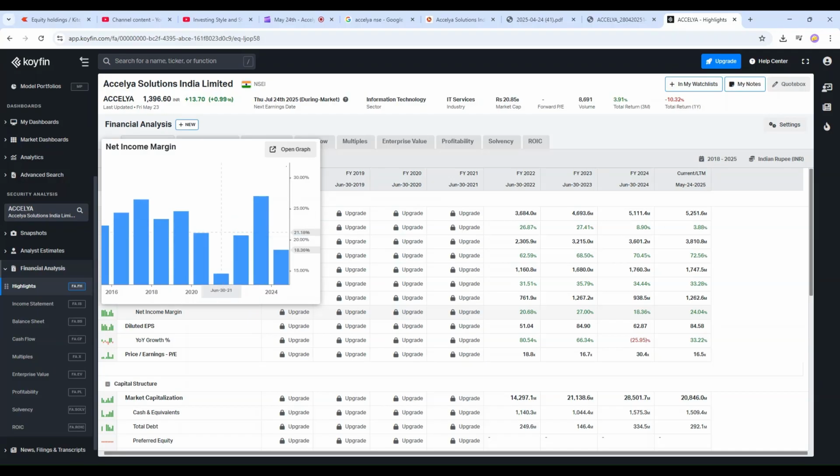It was in the range of 20 to 26%, but now it's varying a lot. Let's see what it will be for the next financial year. But again, this has come down due to that exceptional item, so it will be in the range of 20 to 25%, somewhere in this range.